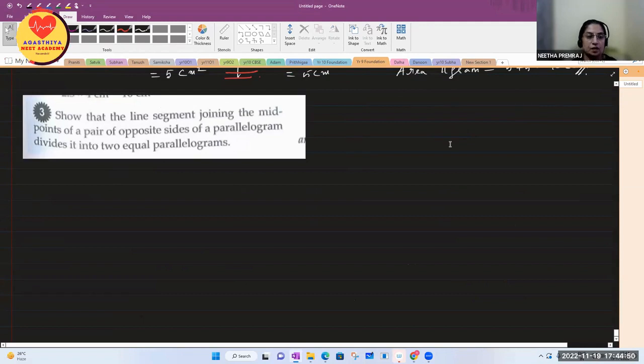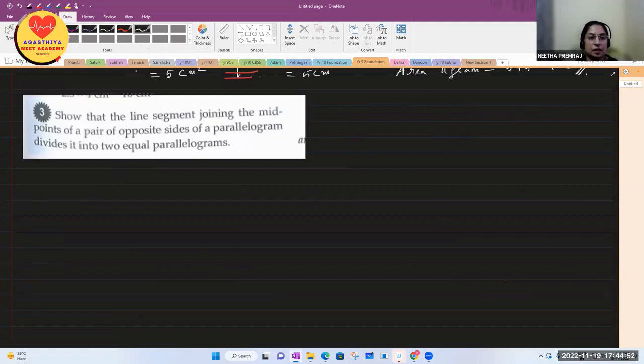Okay. So what is given in the sum? Show that the line joining the midpoints of a pair of opposite sides of a parallelogram divides it into two equal parallelograms. Okay, there is a parallelogram. Let me name the parallelogram as ABCD.